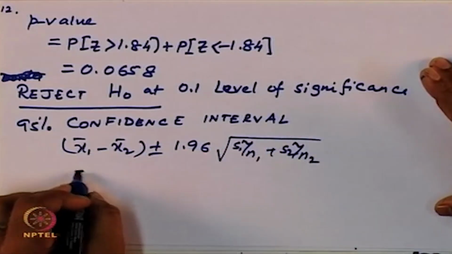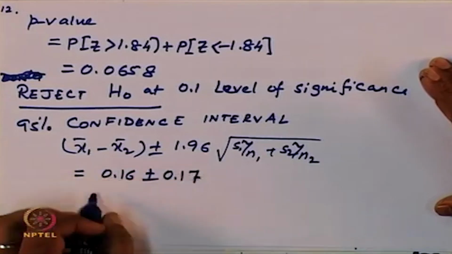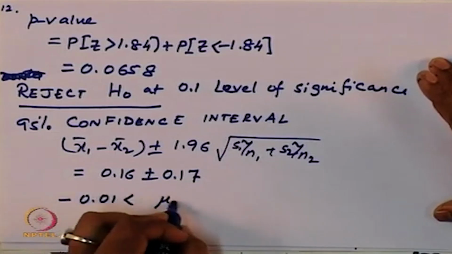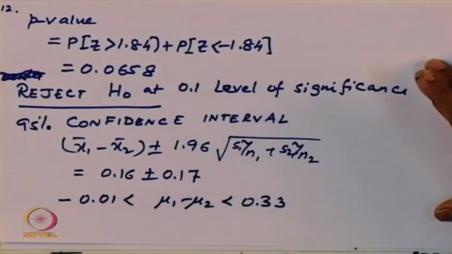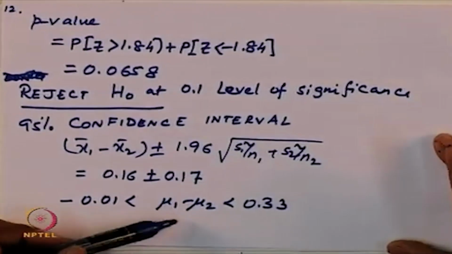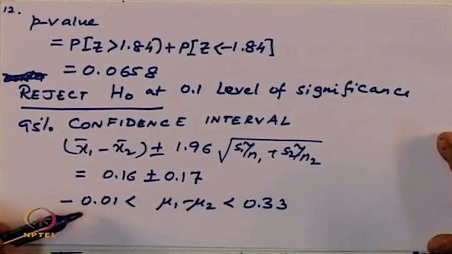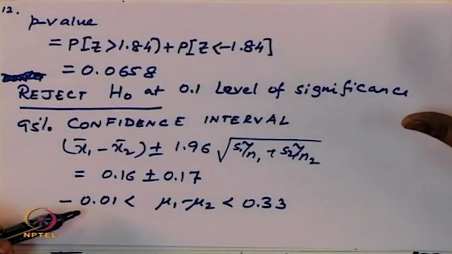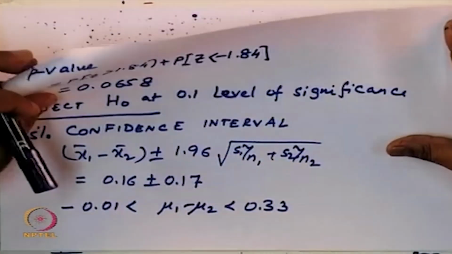This comes out to be 0.16 plus minus 0.17. So the bounds become minus 0.01 to 0.33. Because it is possible to have a value of 0, that is no difference, you cannot say that there is a statistical difference between these two populations.